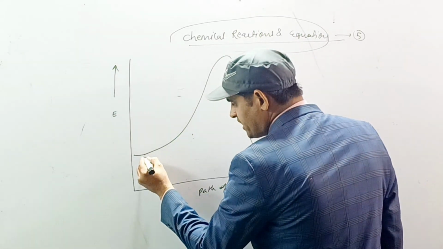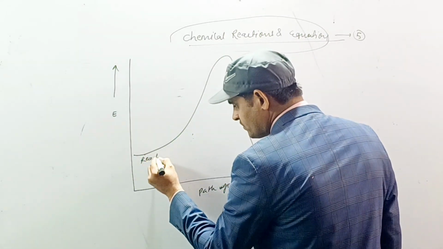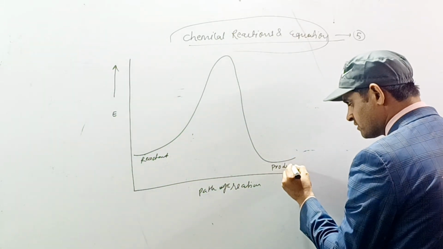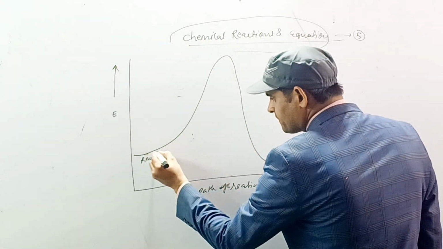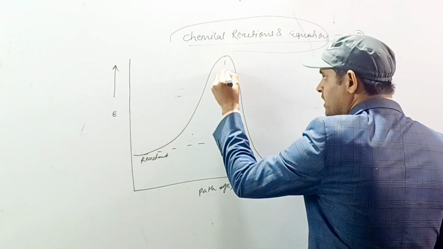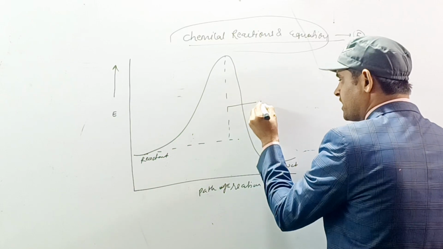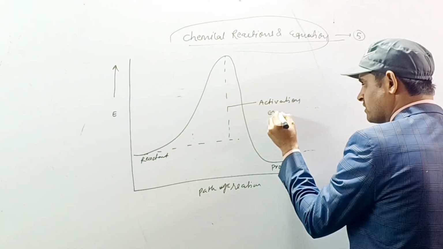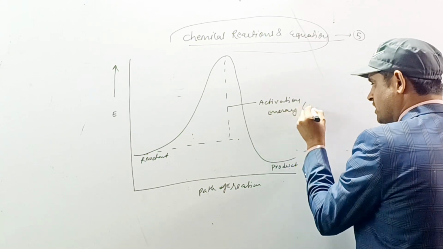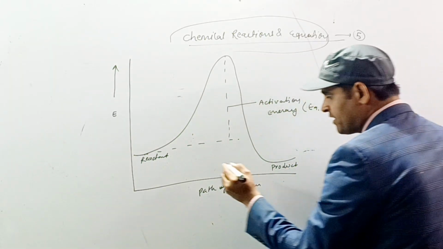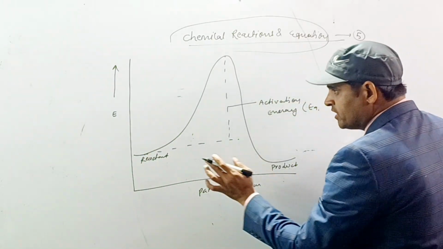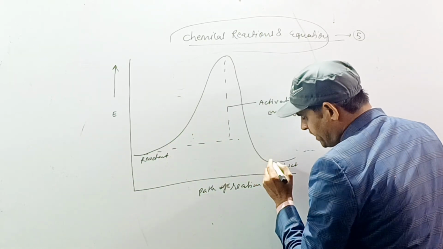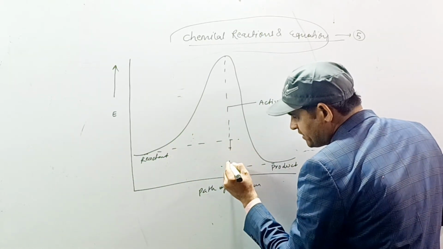This part is the reactant, this is the product, and the gap between them is the activation energy, EA. And the energy difference between the reactant and product is delta H.